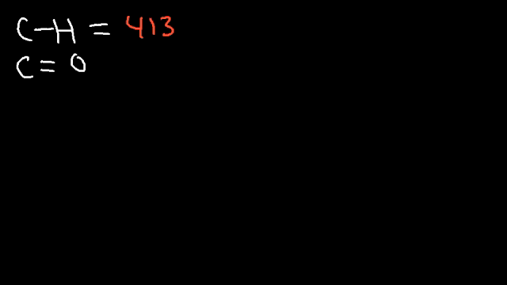Now let's say you're given the bond dissociation energies for C-H, and let's say that's 413, and for C double bond O, let's say it's 799, and for the double bond between the two oxygen atoms, this is supposed to be 495.